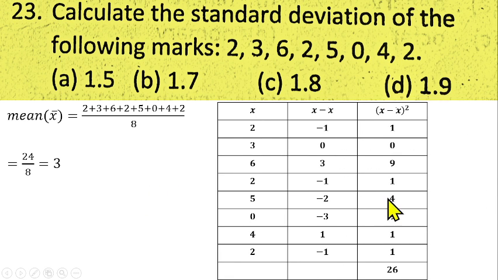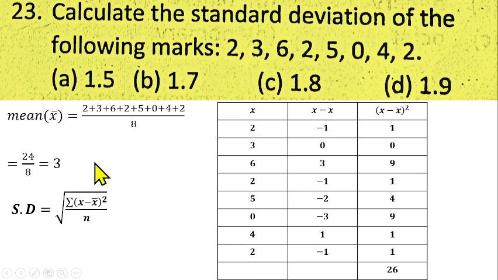So standard deviation of an ungrouped data is the square root of the summation of (x minus x bar) squared over n. So we need to compute our x minus x bar. The x is the numbers given to us, and our x bar is the mean that we have gotten here. So we have to remove the mean, x bar, from all these values of x.